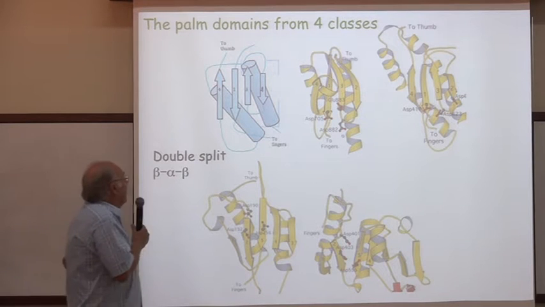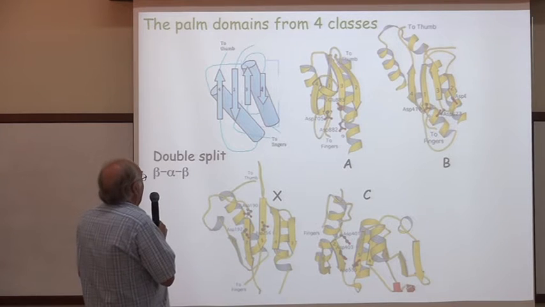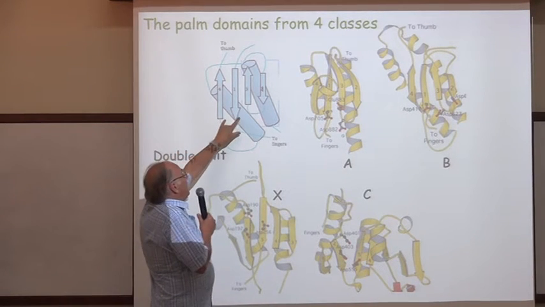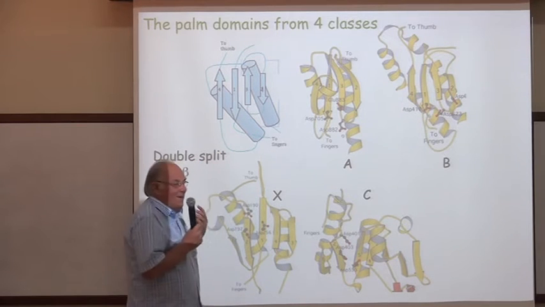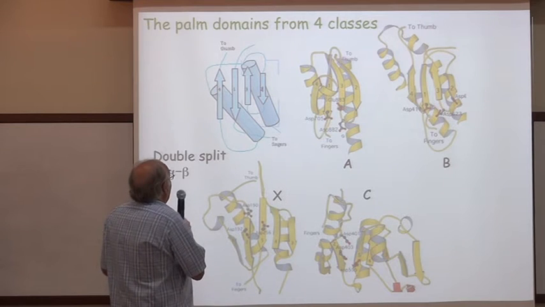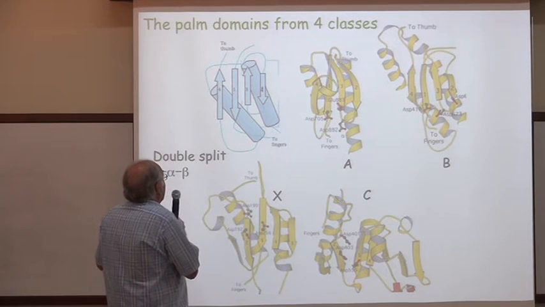So if you look just at the palm part of the structure here, it's composed of 4 beta strands and 2 helices. This is the central part of the palm, and it's so-called double split beta alpha beta.